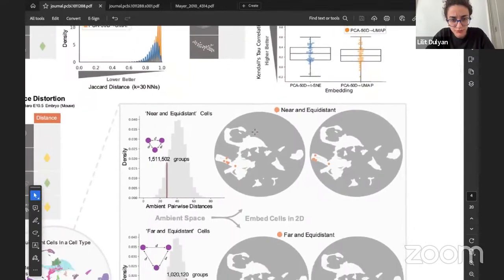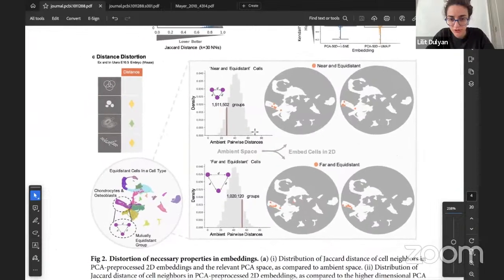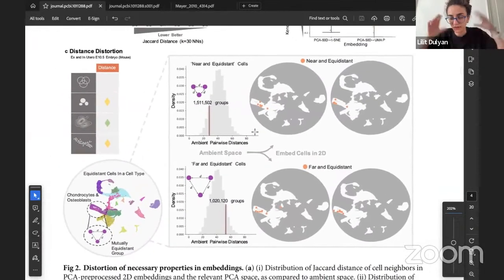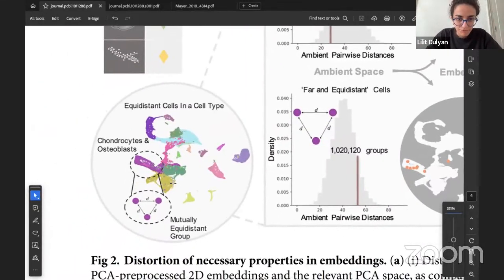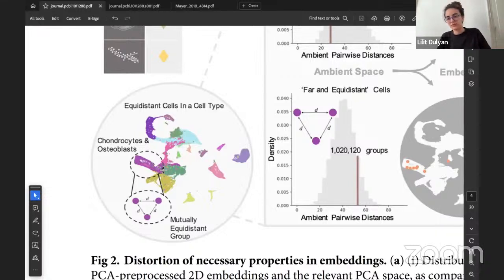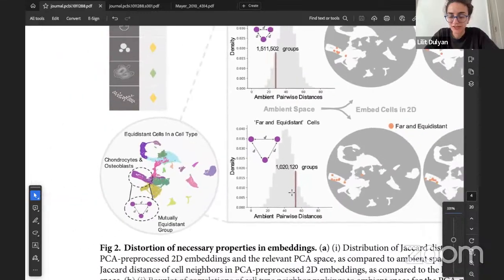And the last geometrical property that they looked at is the absolute distance. So over here, you can see a typical embedded map of your high-dimensional dataset into a 2-dimensional one. And it's color-coded by different types of cells. So they took one of the types, for example, chondrocytes, and inside of this blob, they find those cells that are equidistant.